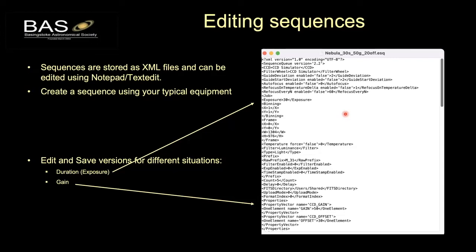So you could run the simulators, generate this file, and then use the file. Straightforward. You just edit it. You don't need any equipment connected. That's one way to do it.